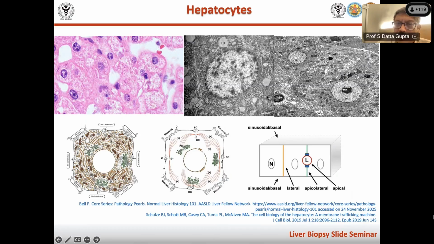And the hepatocytes are rich in Golgi and mitochondria, right? Because they're very active cells, they're pink and granular, just like parietal cells and proximal tubules. There's a lot of mitochondria in them. And they have a lot of glycogen, which are these dark granules seen in EM and so forth.